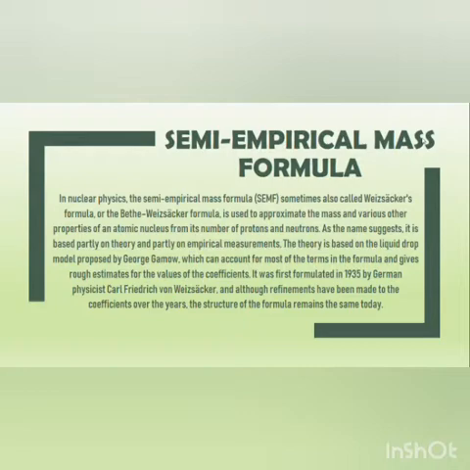This theory is based on the liquid drop model, which was proposed by George Gamow, which can account for most of the terms in the formula and gives rough estimates for the values of the coefficients, which we will discuss later on. It was first formulated in 1935 by German physicist Carl Friedrich von Weizsäcker.